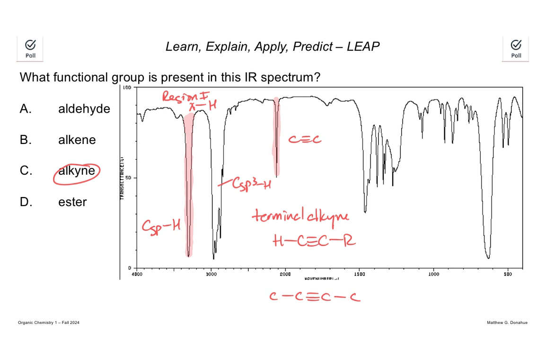And also you won't have this really strong stretch. So to figure out if there is an internal alkyne, you basically have to ask, does the molecular formula have 2 degrees of unsaturation? And then to further confirm it, we would use NMR spectroscopy.